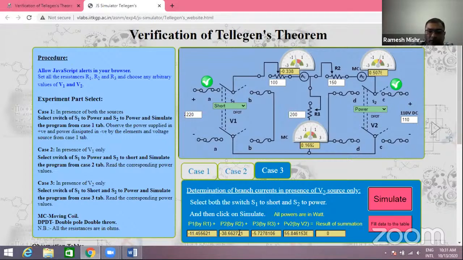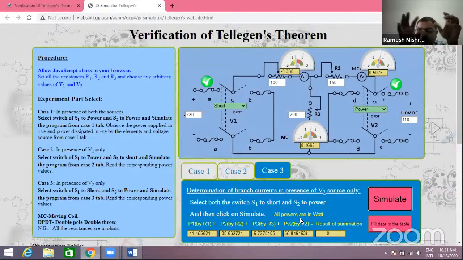Now the third resistance power is minus 5.7278, and after calculation we find the power of the second source is equal to 55.8461538. Then we calculate the summation of total power, which is also equal to 0.